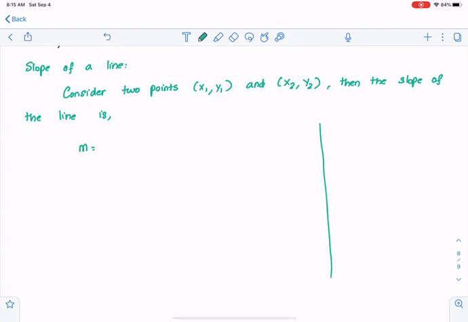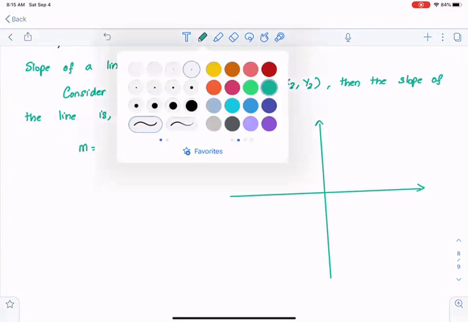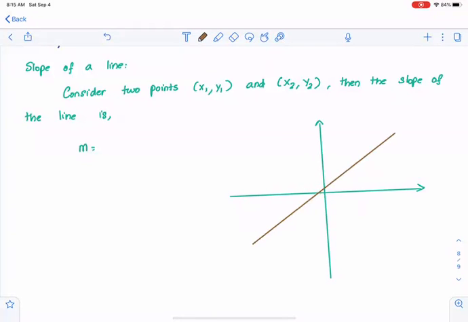I'm going to pick 2 points, x1, y1, excuse me, x1, x2 on the x-axis, and y1, y2 on the y-axis.